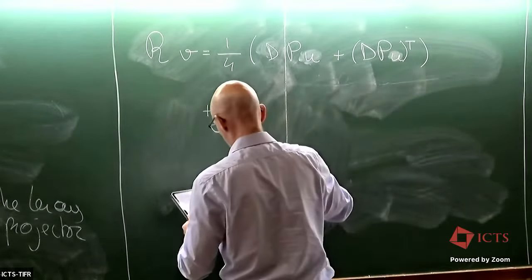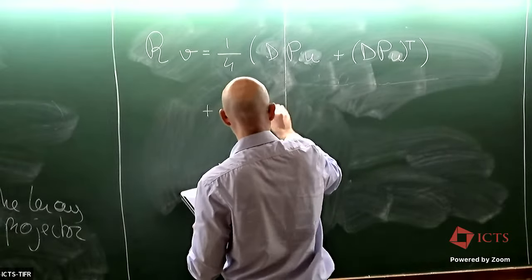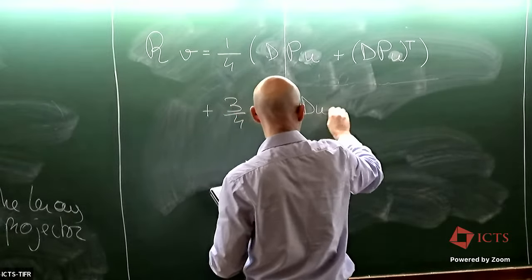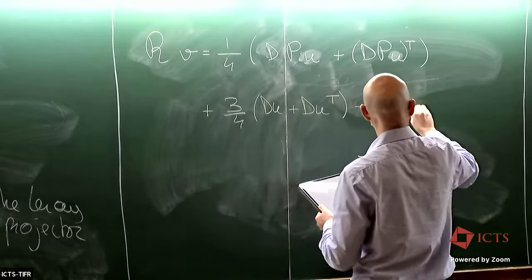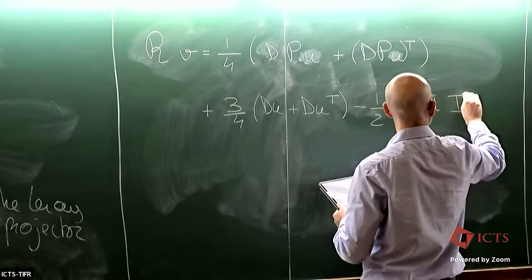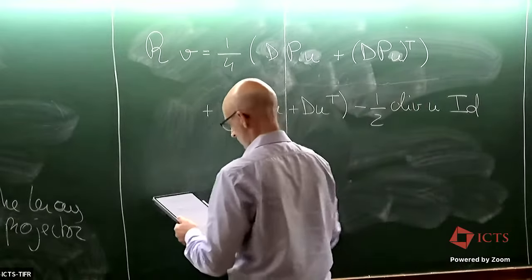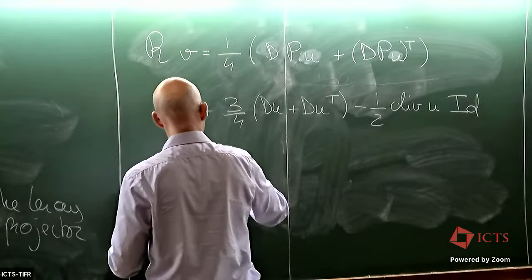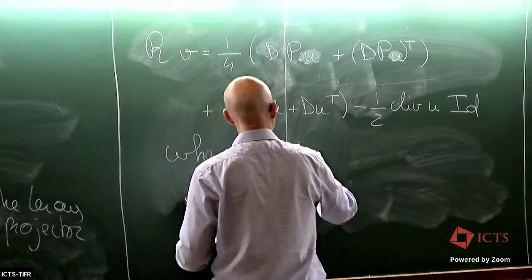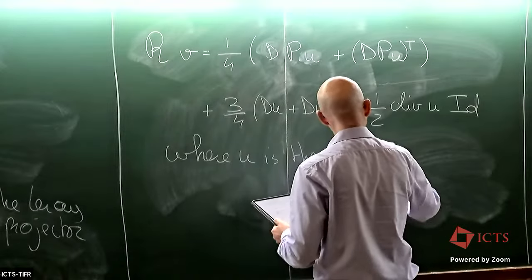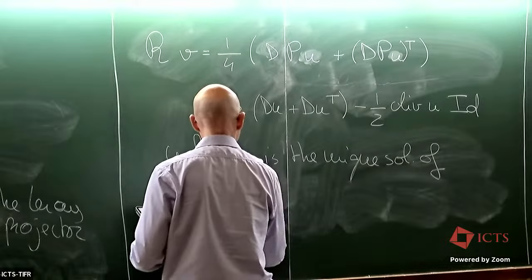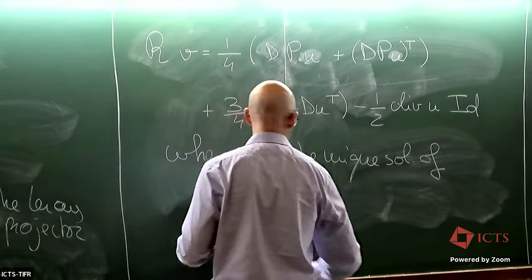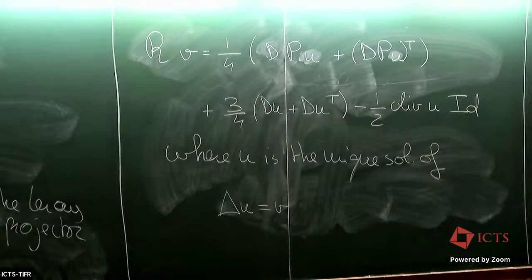Okay, plus 3/4 the derivative of U plus the derivative of U transpose minus 1/2 the divergence of U times the identity, where U is the unique solution of Laplacian of U equal to the function V. Okay? So this operator does the job.